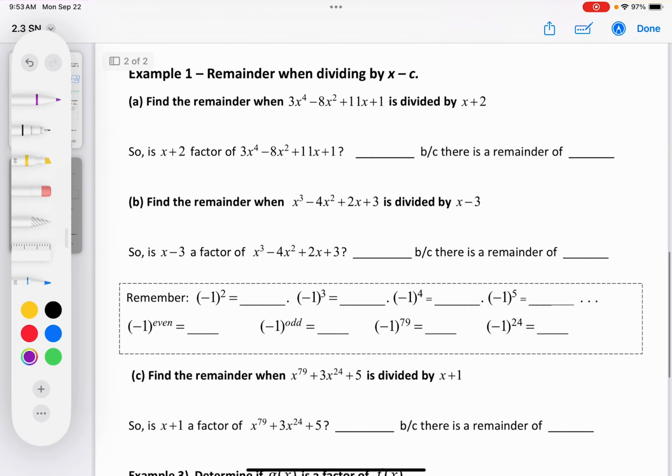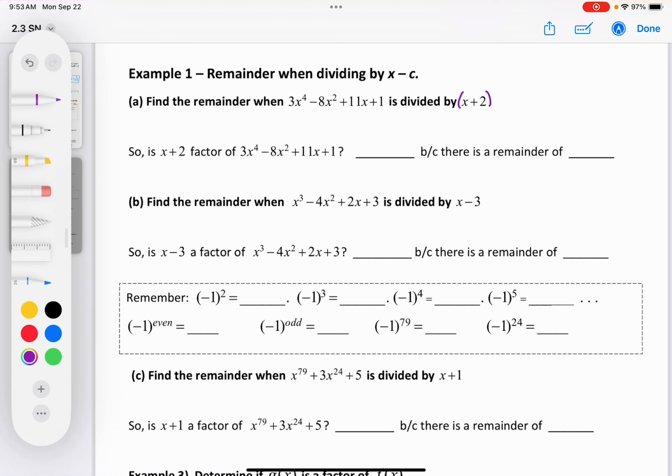So find the remainder when 3 times x to the fourth minus 8 times x squared plus 11x plus 1 is divided by x plus 2. Tells us to find the remainder. So instead of using division, let's test the theorem we just learned.